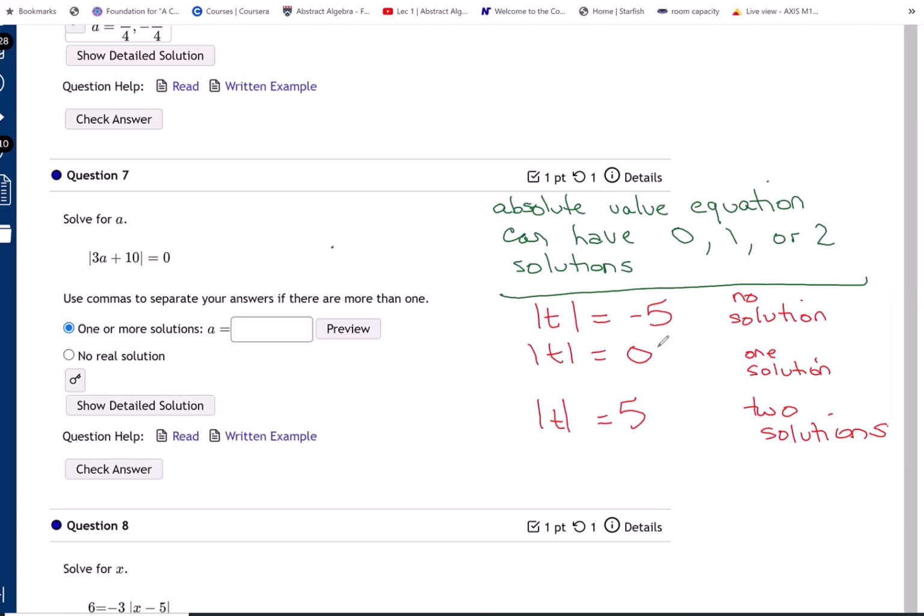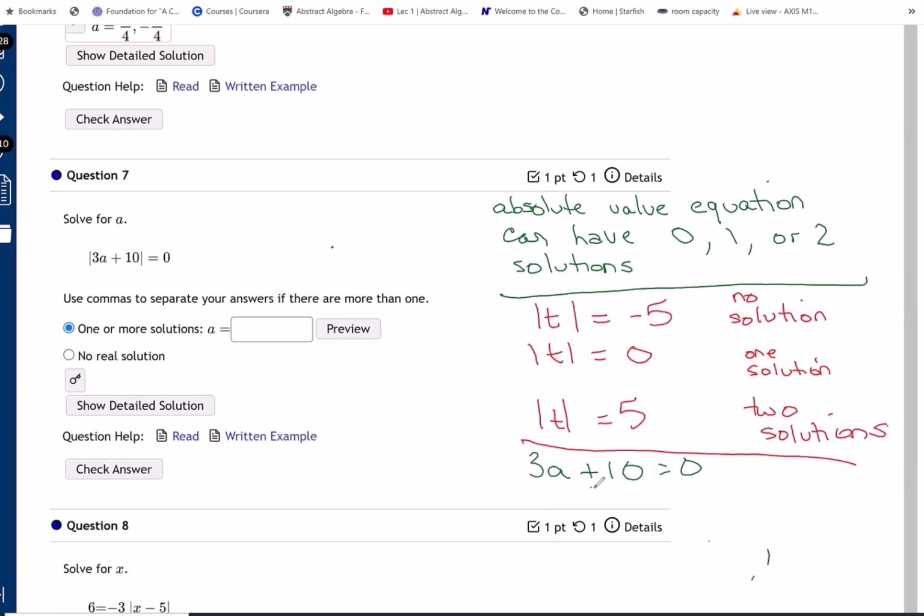Now that we know that, we probably only have 1 solution here because I don't have a positive and a negative 0, which means all I really have to do for this problem is say 3a plus 10 equals 0. That's it. Now I solve for a.